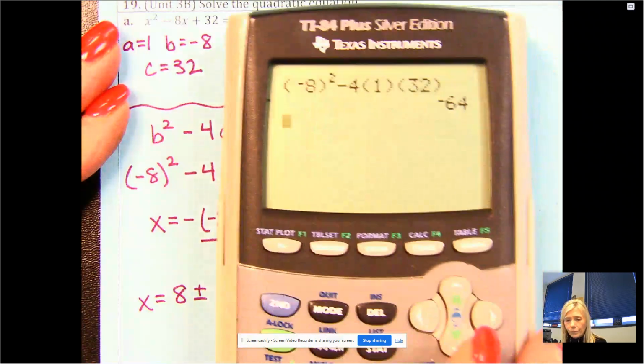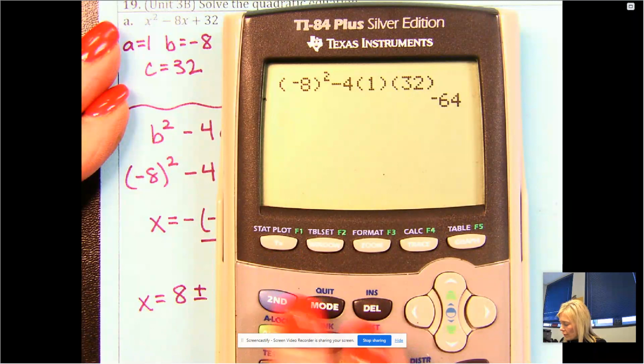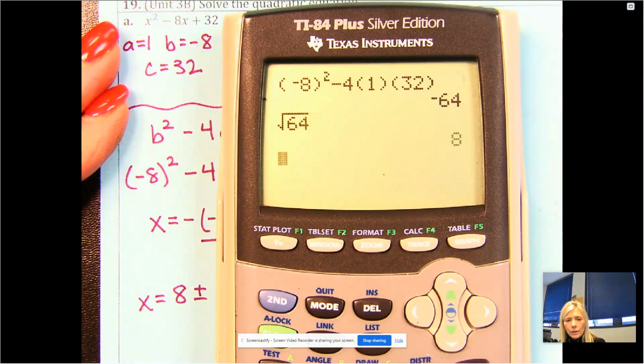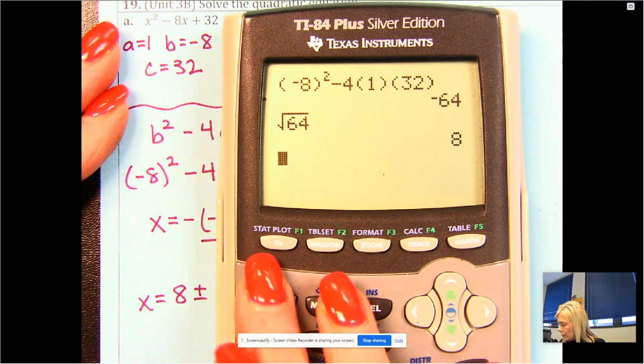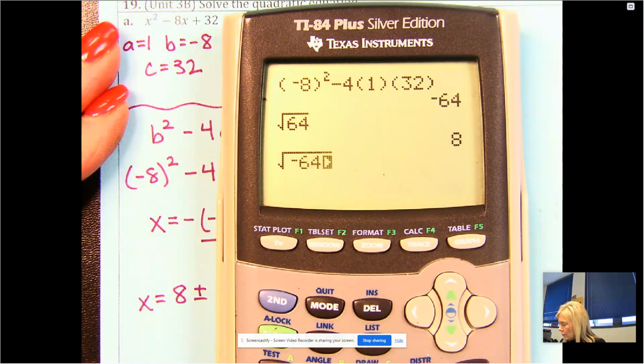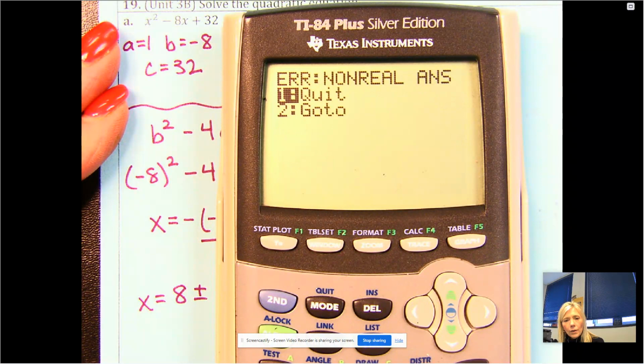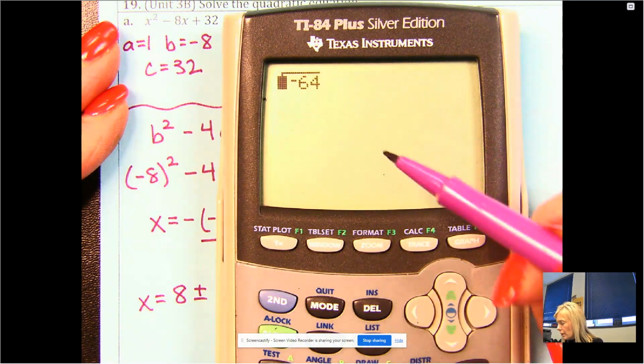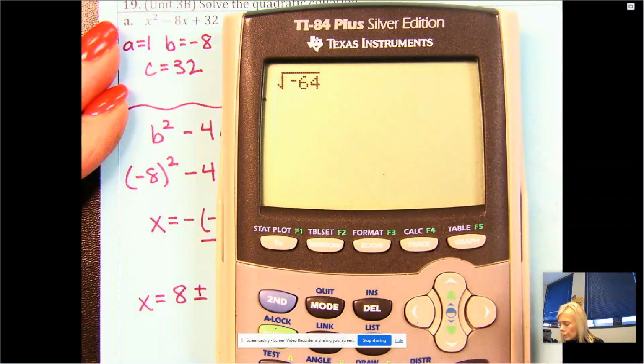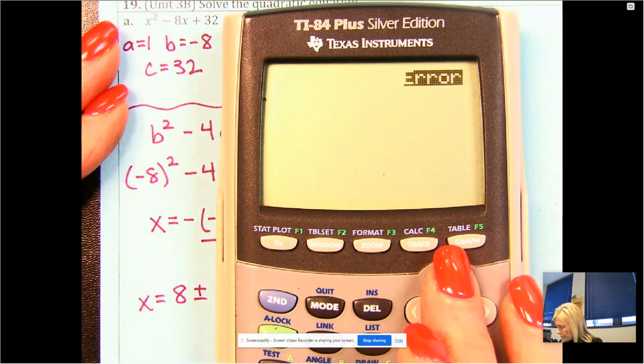If you're not sure, you can always check a value on your calculator, but use the positive one. Because if you use the negative one, it's going to tell you error, non-real answer. Well, that's because you put a negative number under the square root. So don't check that.